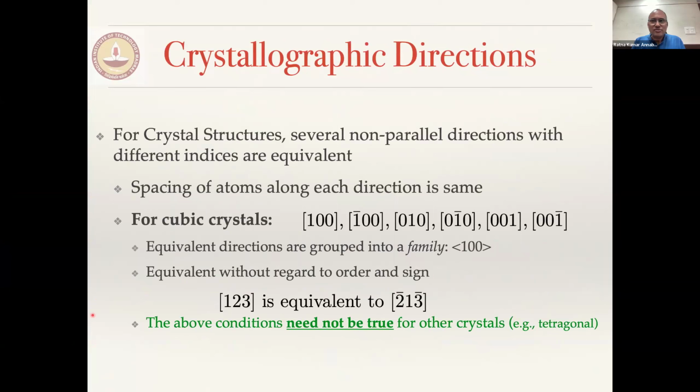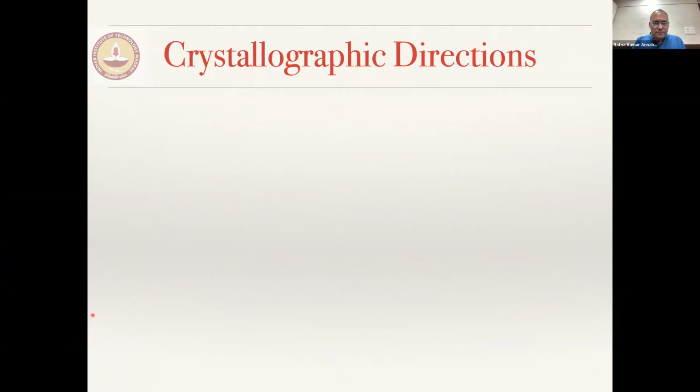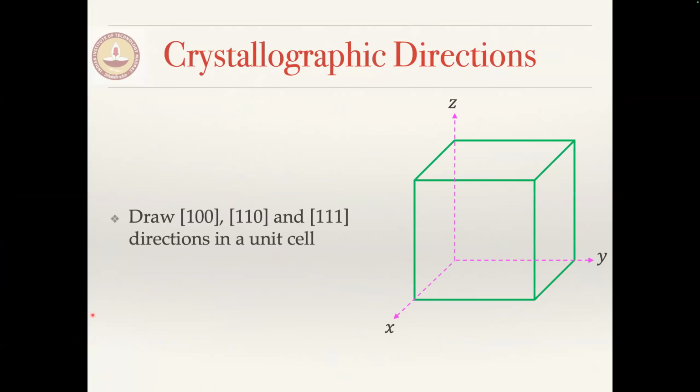I think in the last class we talked about crystallographic directions, right? Yes, sir. Okay, so let us quickly reiterate what we have done. Let us say you have 100, 110, 111.